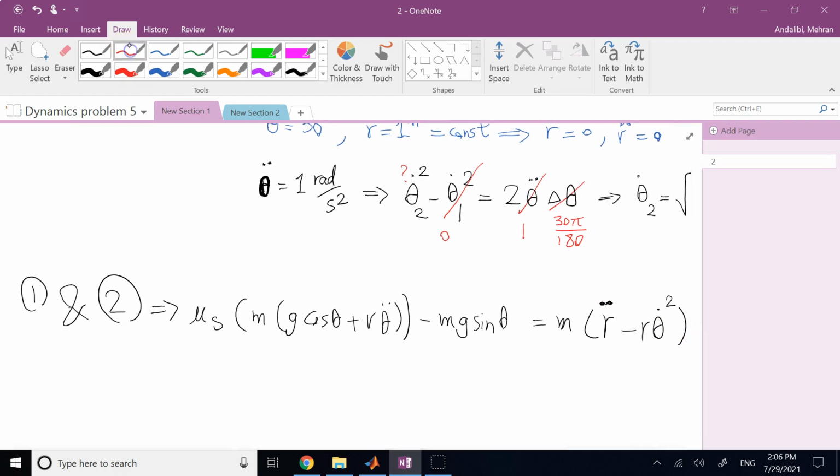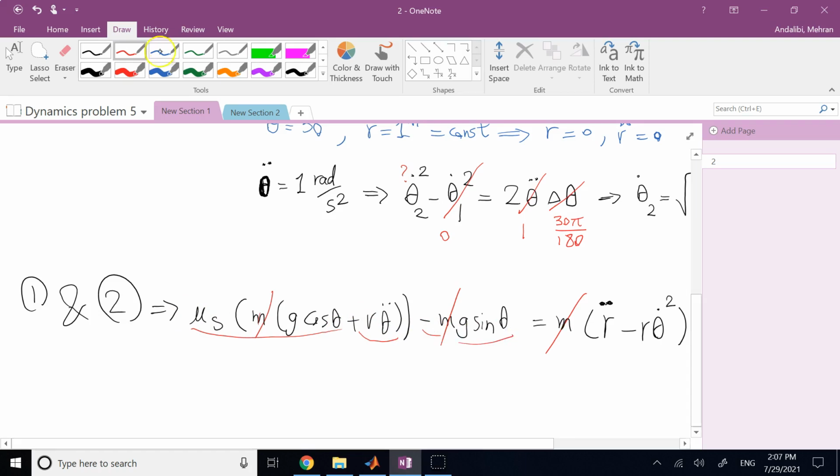Now I can cancel the m's from both sides. If you look at the terms involved, one of them is g cosine theta times mu s, the other one is mu s r theta double dot, and the other one is negative g sine theta.